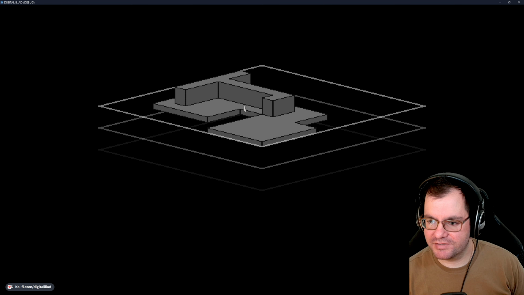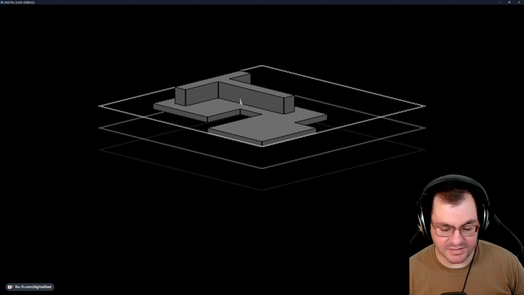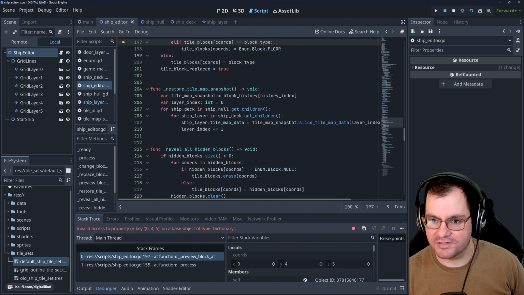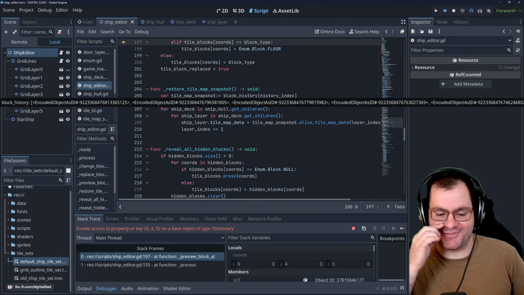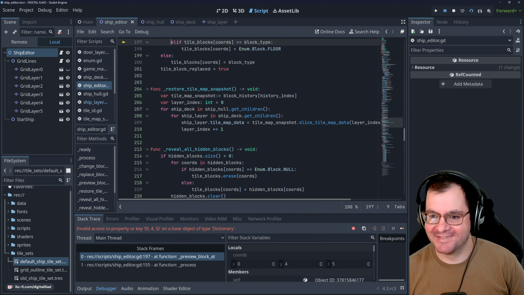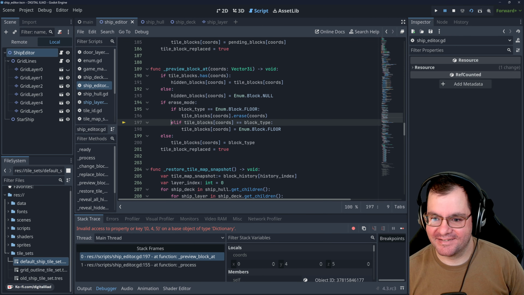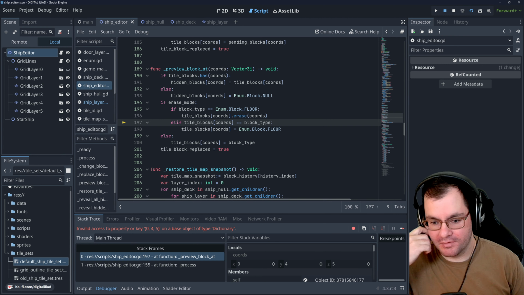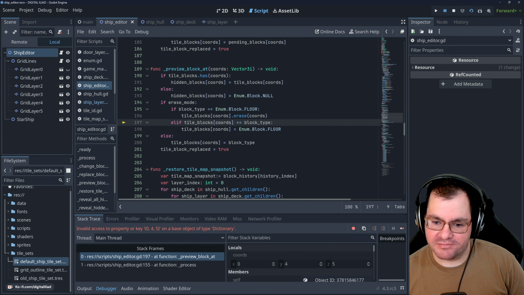That's one thing we need to do. We also have a hard bug. Like if I hit eraser, it crashes. So let's look at that first. The tile blocks chords are the block type, the same as our block type. Invalid access to property or key.